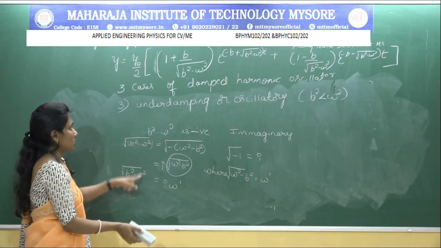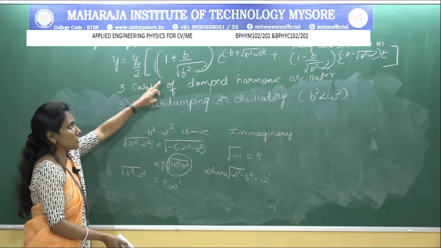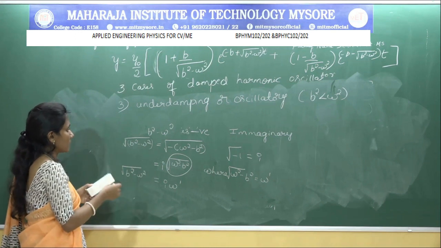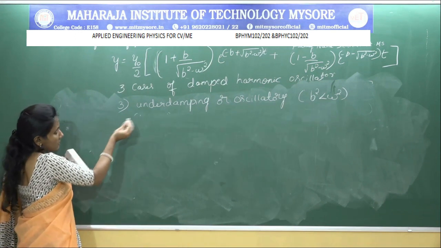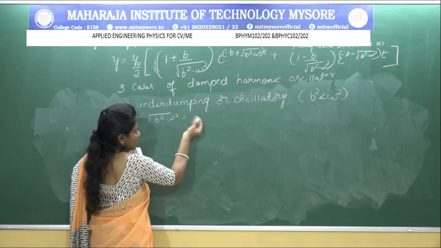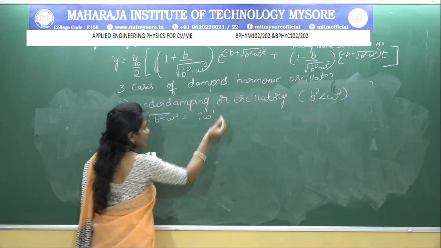Now, substitute i omega prime in place of the root in the displacement equation. The displacement equation will become: root of b square minus omega square is equal to what we simplified, that is i omega dash.